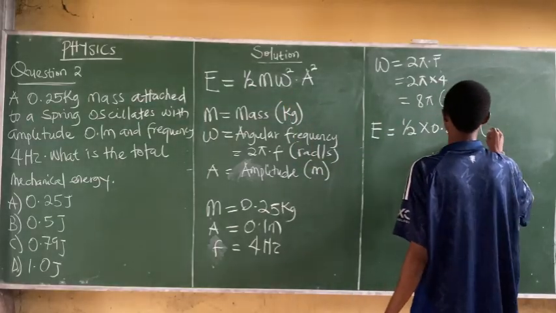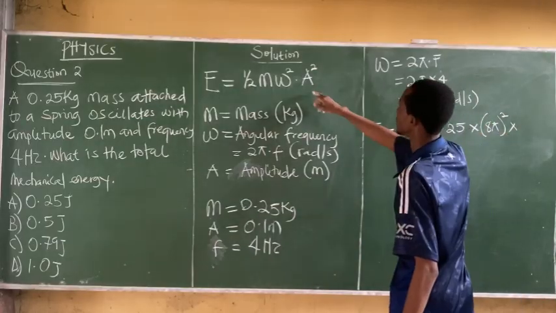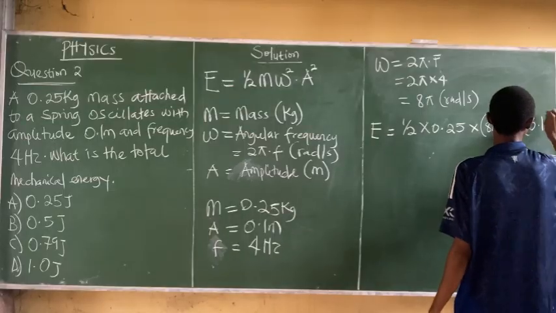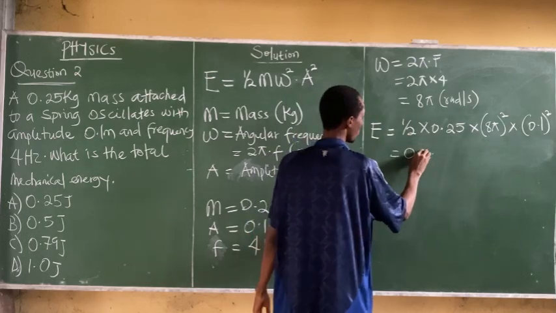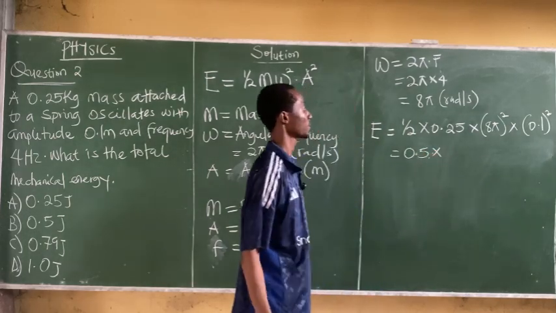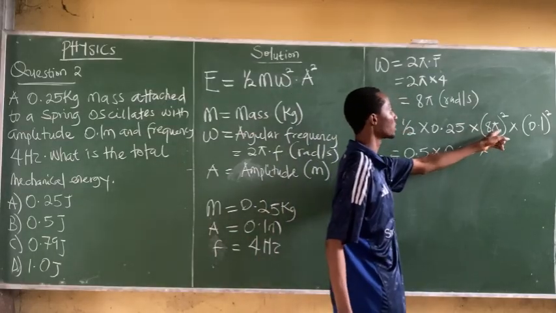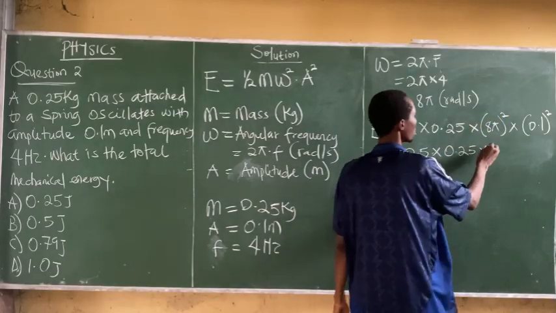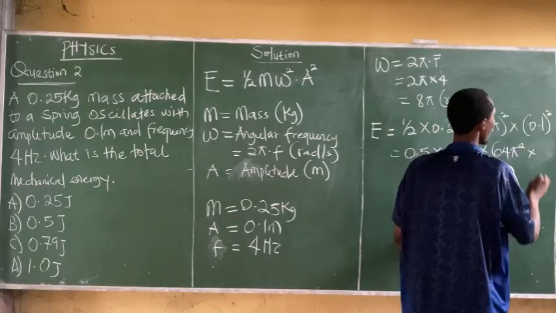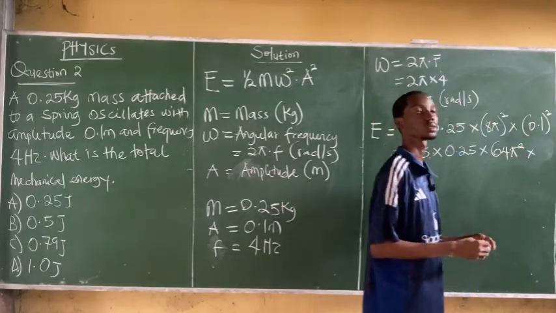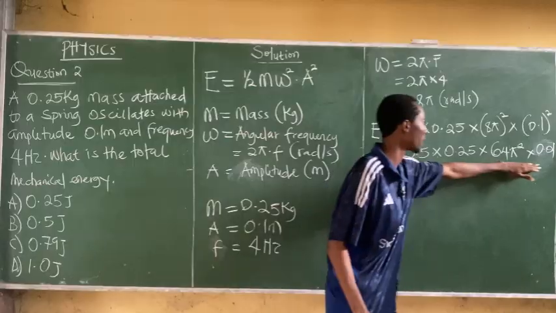The angular frequency here is 8 pi all squared, times the amplitude, which is 0.1 squared. 1 over 2 is same thing as what? 0.5 times 0.25 times 8 pi squared will give us 64 pi squared, times 0.1 squared will give us what? It will give us 0.01.